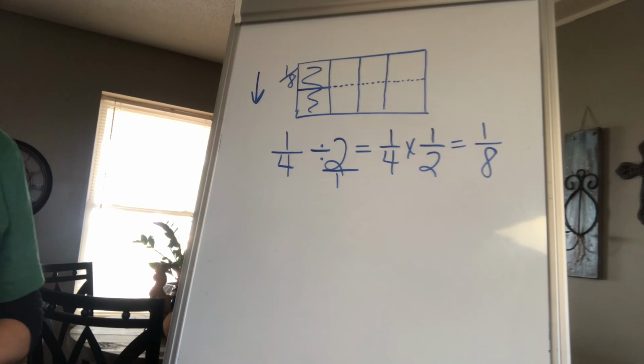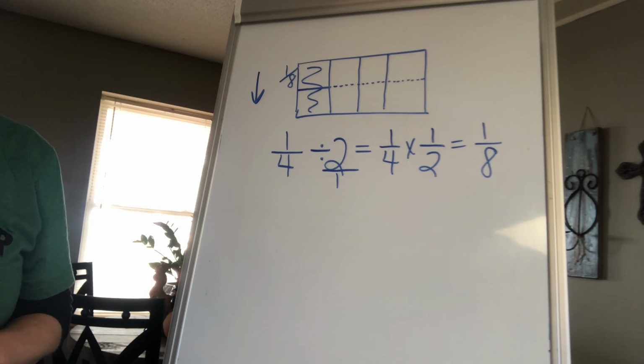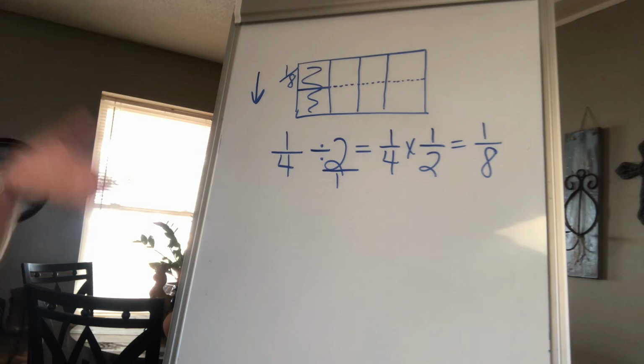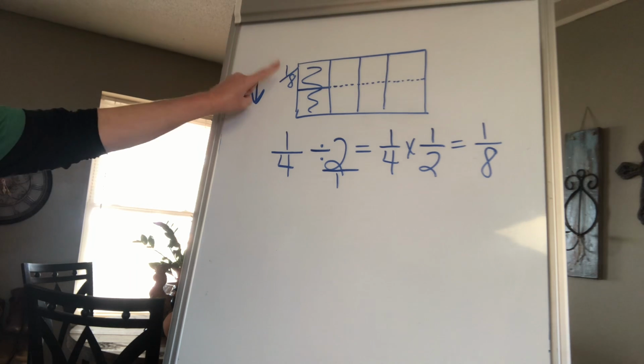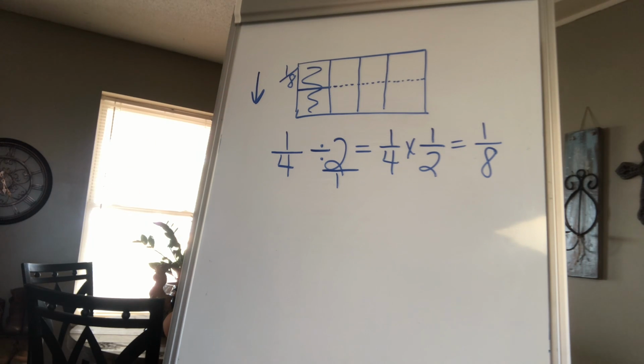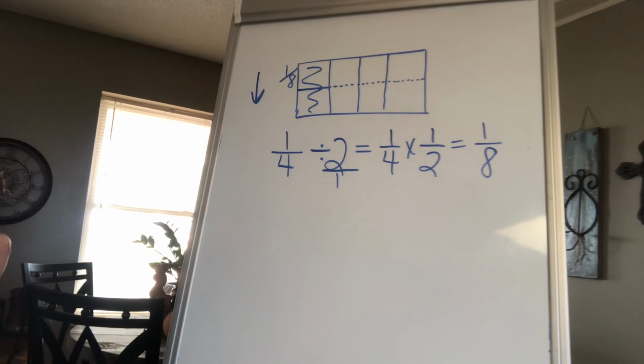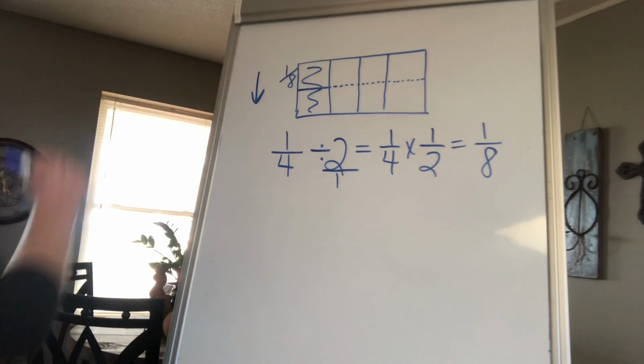Number 3, it says write a multiplication problem to represent the situation. Well, we know that multiplication and division are related. So now we have to think, okay, we had 1/8 2 times because they were sharing it between 2 people.